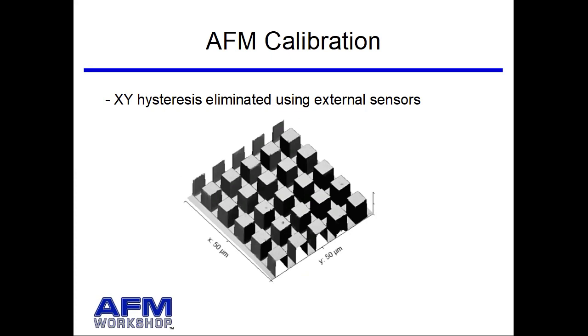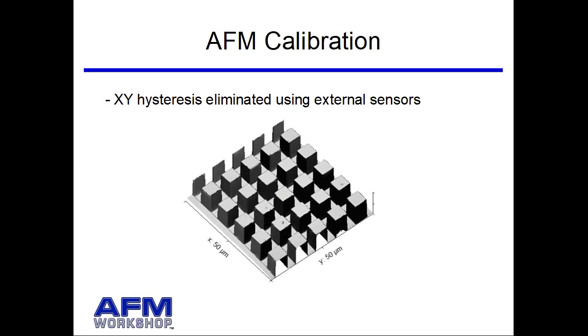And you can calibrate the instrument to within 1% quite nicely with these techniques. And this is an image of one of these test patterns measured on one of our microscopes. This is a 50 micron by 50 micron scan range. And so that works quite well. And you can use that same calibration to zoom in to, say, maybe 5 microns or 1 micron by 1 micron.